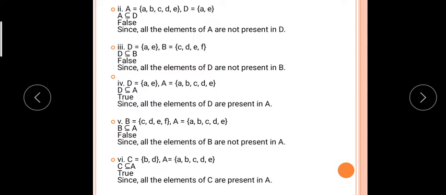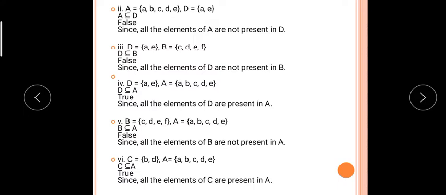True, because D has the elements A and E, and set A has the elements A, B, C, D, E. A and E both elements are in set A, and therefore all the elements of D are present in A, and the given statement is true.